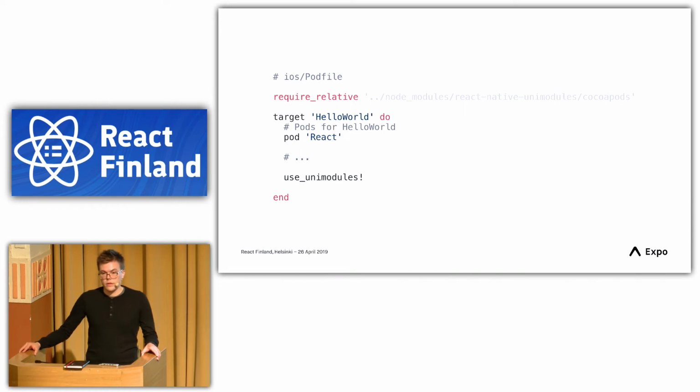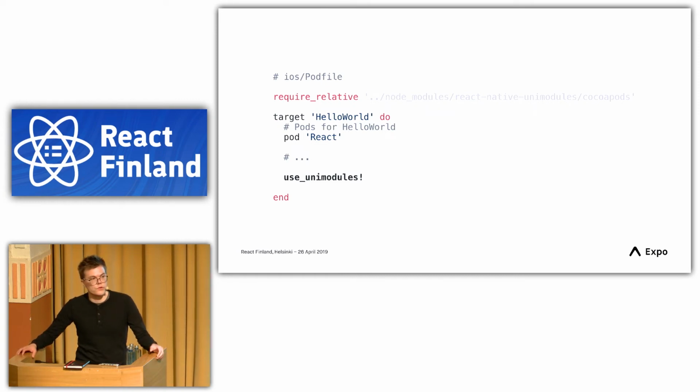So CocoaPods has this Podfile where you specify your dependencies. But for Unimodules, all you need is this one line. Use Unimodules, which is sort of like a macro that exists in the React Native Unimodules package, and it adds all the Unimodules that you have npm installed to the project.